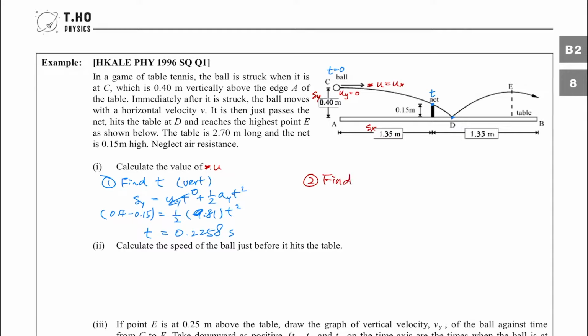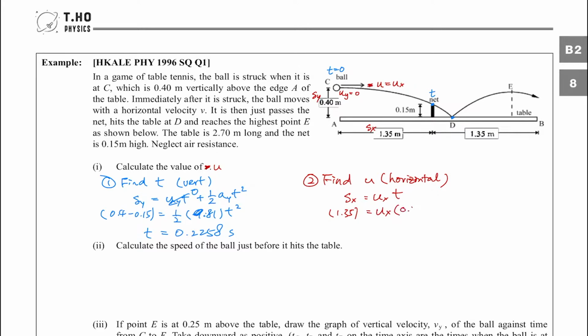Secondly, we would like to find the value of u. Here we can consider the horizontal motion. We know that from this point to this point, the horizontal distance covered is 1.35 meter, and we have the time of flight. So we can write down Sx equals uxt. Put in the numbers. Sx is 1.35.